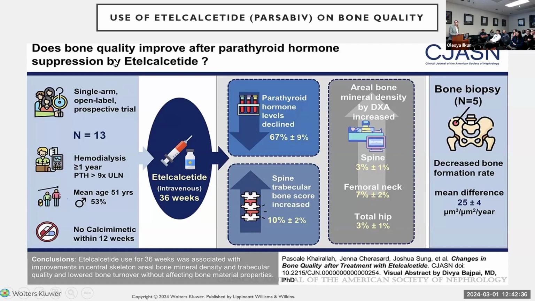Essentially the same. Here they did not look at mortality. They looked at the quality of bone, and they did see about 10% increase in bone scores in the patients, and they did see increased mineral density, which I think is an improvement. Overall, KDIGO's stance is to use calcimimetics if we are concerned for osteoporosis in these patients.